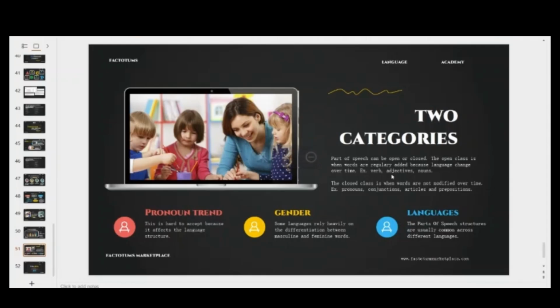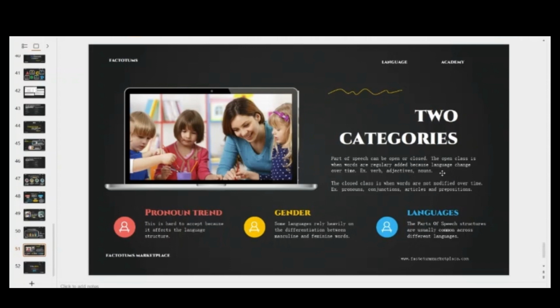In languages, the parts of speech can be two categories. The first category is what we call the open class. Open class is when words are regularly added because the language changes over time.